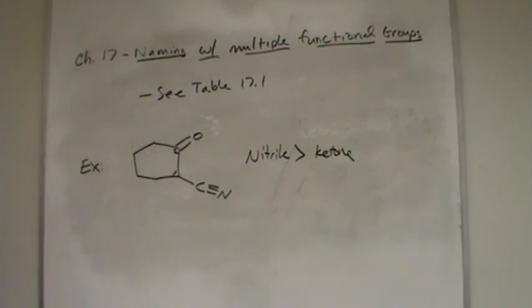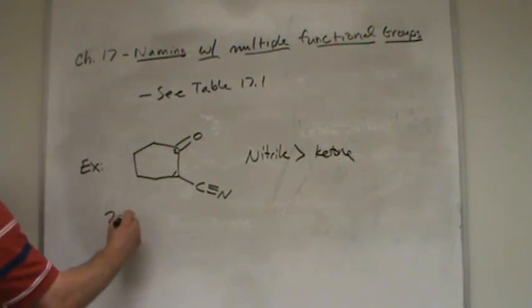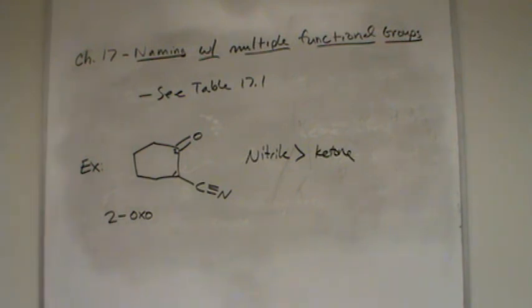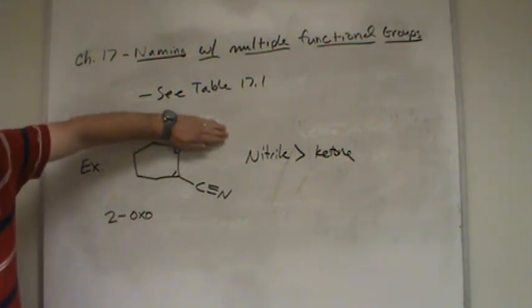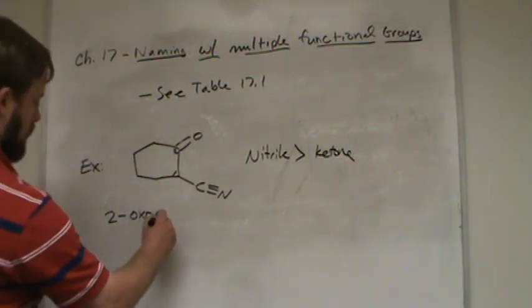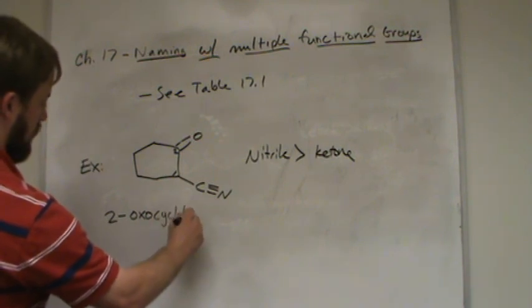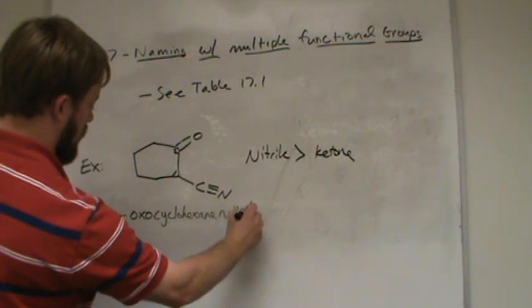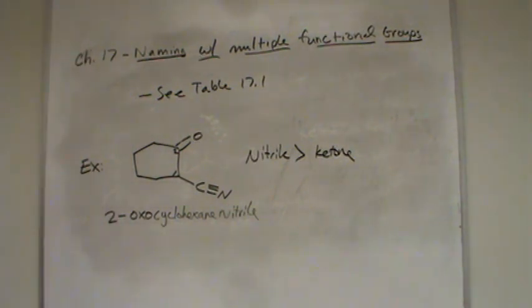We have to indicate that it's a ketone prefix, and you do that with 2-oxo. Oxo lets us know there's a ketone there at the 2 carbon. And then we just write it as if it wasn't there: cyclohexanenitrile. 2-oxocyclohexanenitrile.